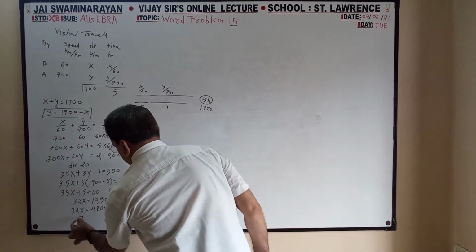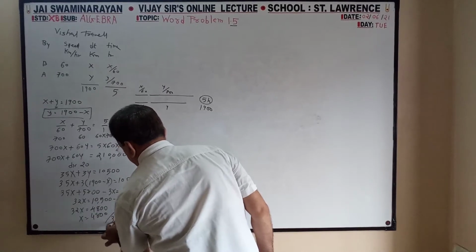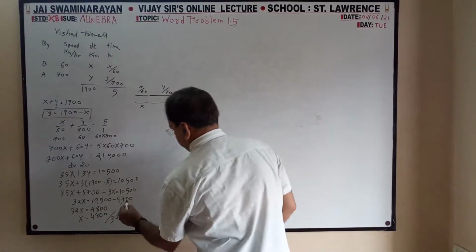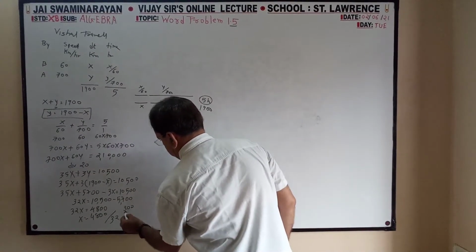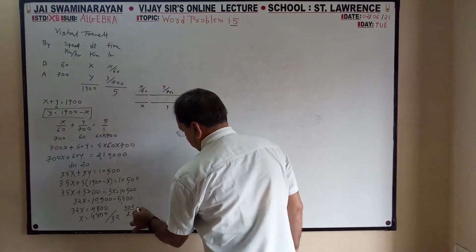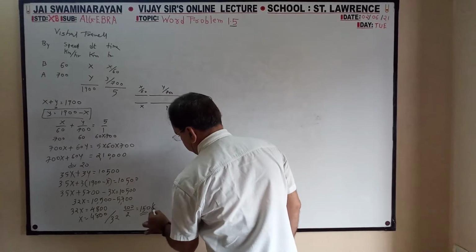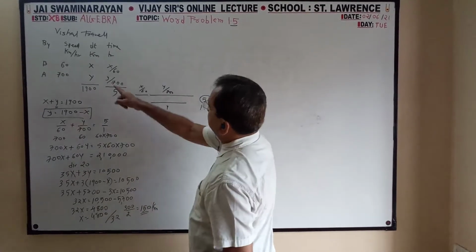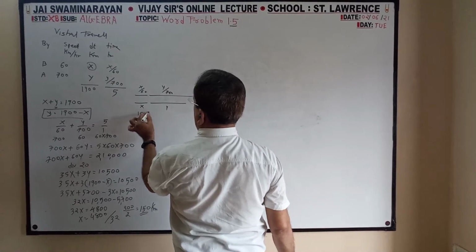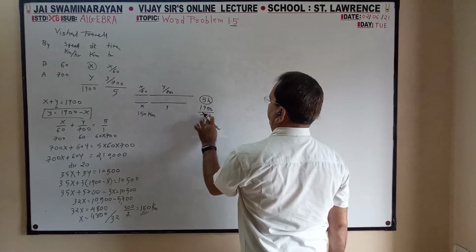So x is equal to 4800 by 32, sixteen twos are again half, so x is equal to 150 kilometer. And total is 1900, so y is 1900 minus 150.